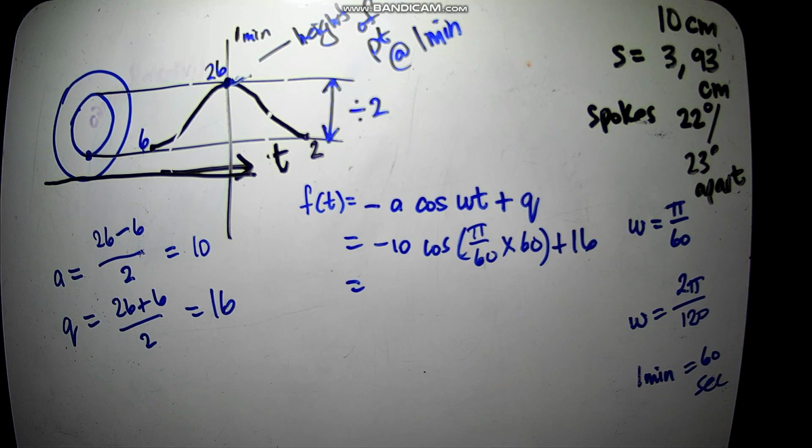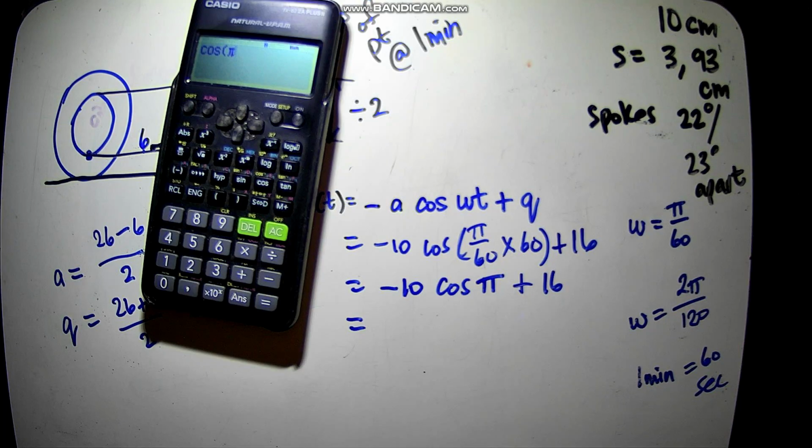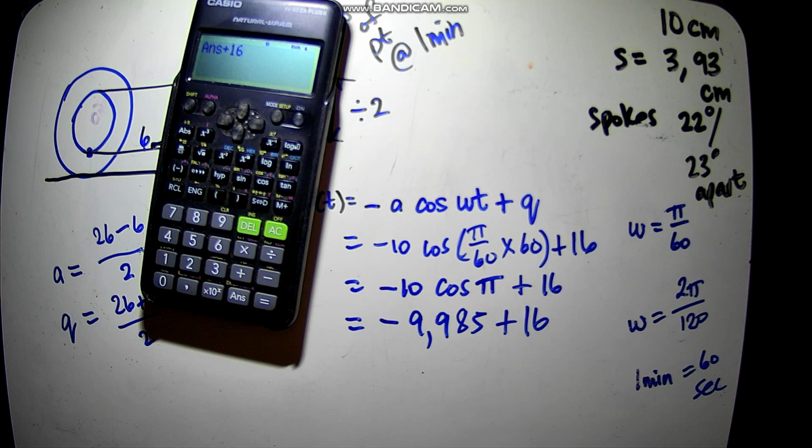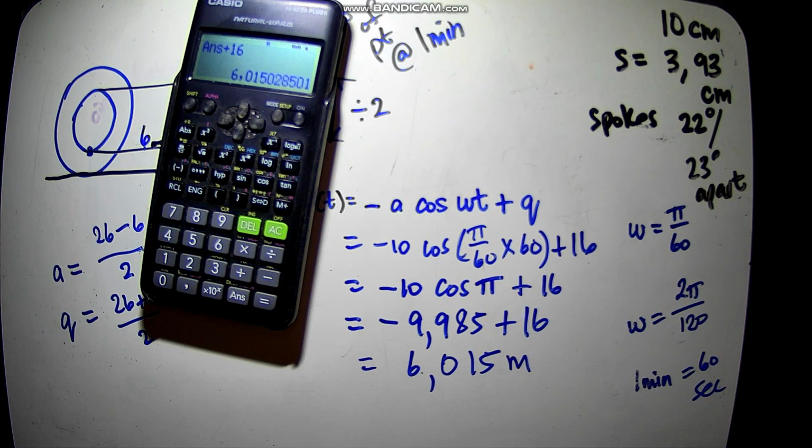Punch all that into the calculator. You can punch it in as cos π times minus 10, and that's what you get, minus 9,985. Add 16 to it. And so after 1 minute, the maximum height would be 6 meters. Okay, and that's how we would solve for that.